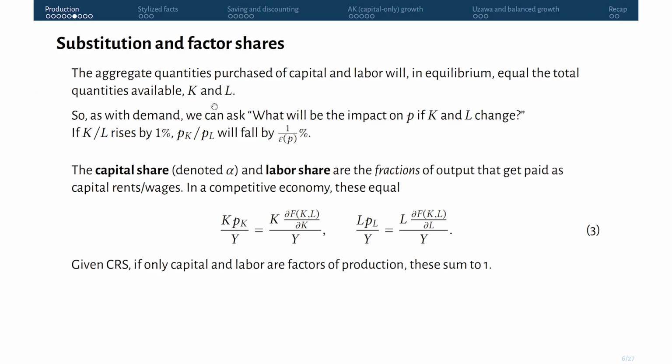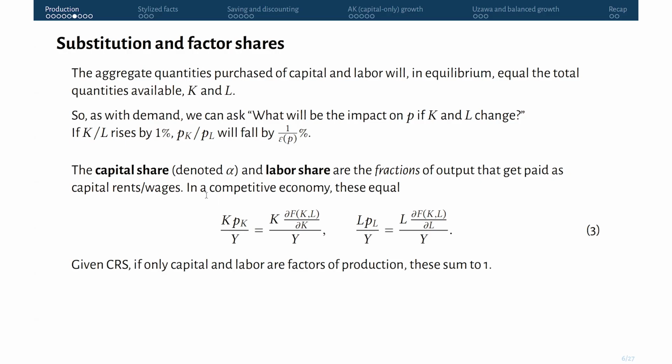This gives us a really direct connection between elasticities of substitution and how prices affect factor shares. So the capital share is the fraction of output that gets paid as capital rents. Likewise, the labor share is the remaining fraction, the total wage bill. And we'll let the capital share be denoted alpha.